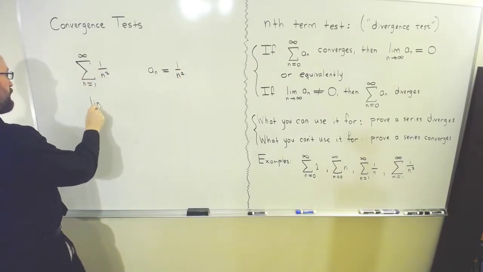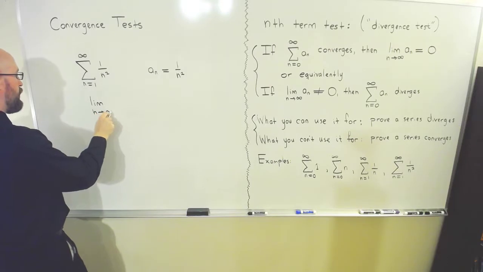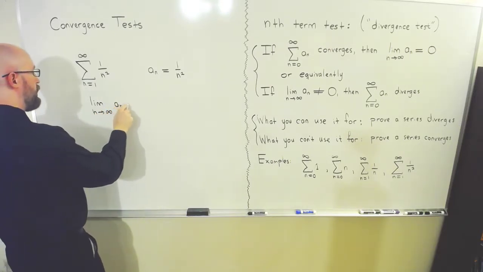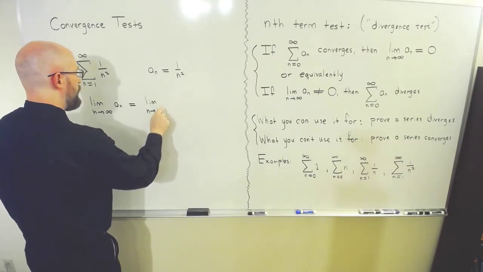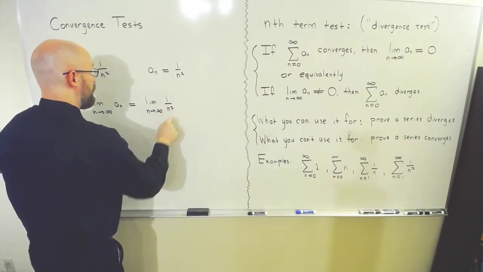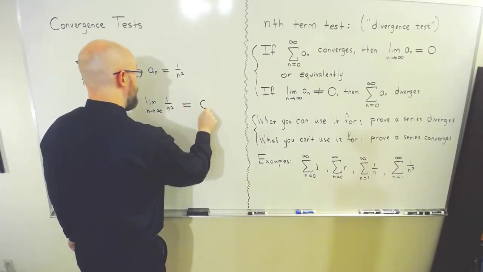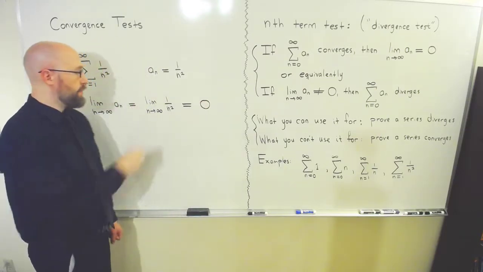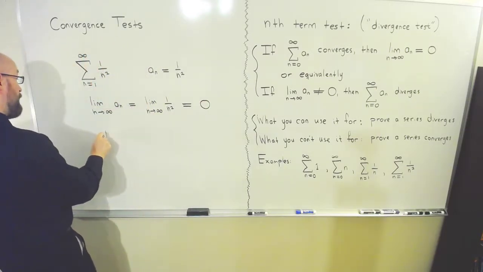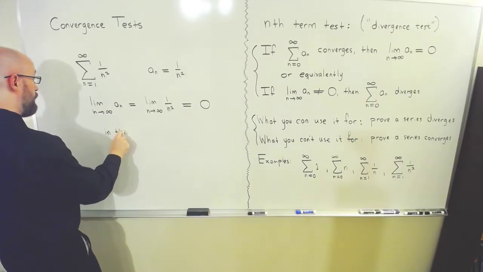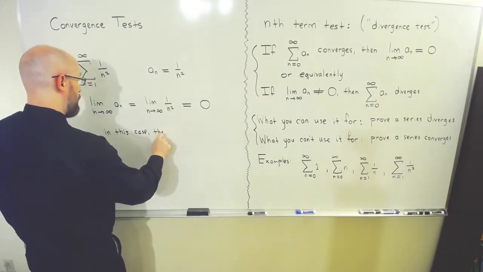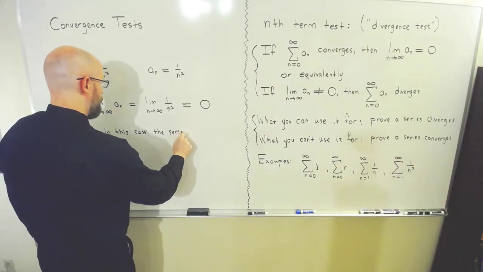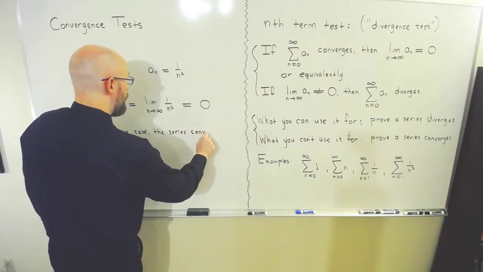And so the limit as n approaches infinity of an is the limit as n approaches infinity of 1 over n squared. And this is 0. Same limit as it was with 1 over n. So in this case, we know that the series converges. And we know what it converges to.